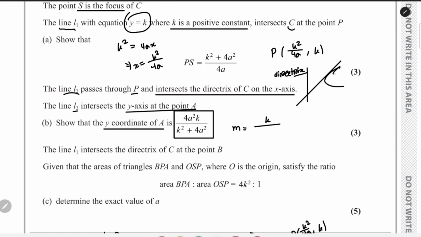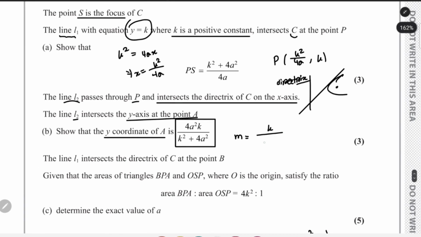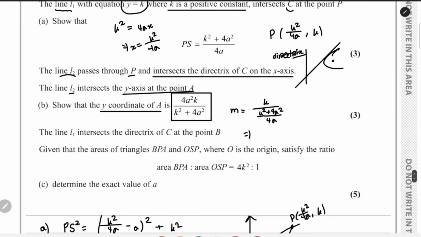Since we know that the distance from the focus will be the distance to the directrix for a parabola, that would be 4a square k over k square plus 4a square divided by 4a. So the gradient will be 4ak divided by k square plus 4a square.